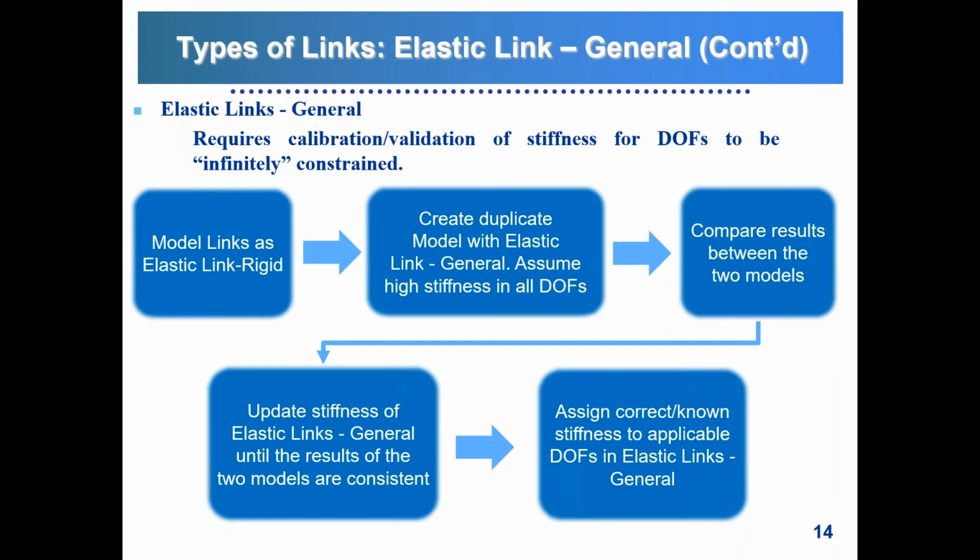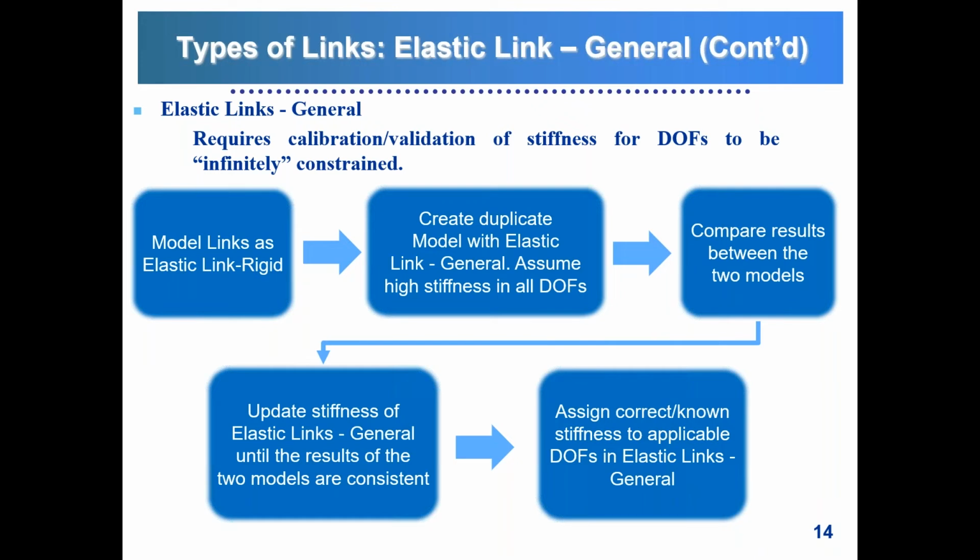that you want. So the process to calibrate that stiffness is you can create the model with all the links modeled as rigid elastic links, and then create a duplicate model, and the location of those links where you need to release one or more degree of freedom, change that to general elastic link at those locations. But then use a high stiffness in all degrees of freedom, right?